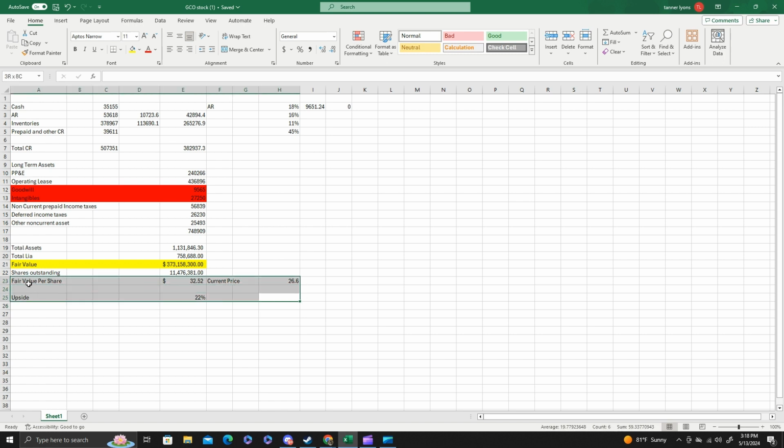This is just the liquidation value. I was going to do a discounted cash flow on it, but I was looking and it's just so inconsistent. It's negative one year, good the next year. It's so negative and positive that it's hard to even do. But this thing's trading under liquidation value.